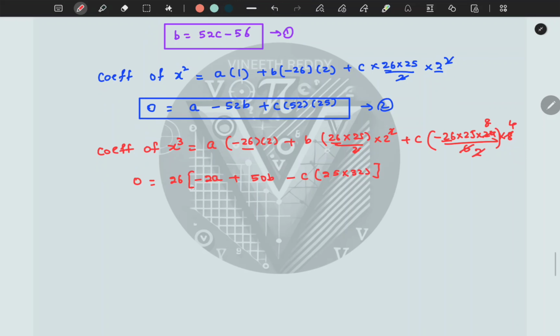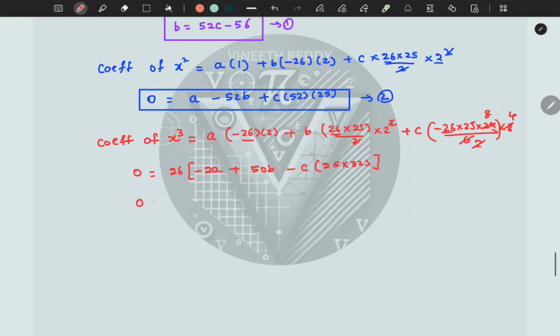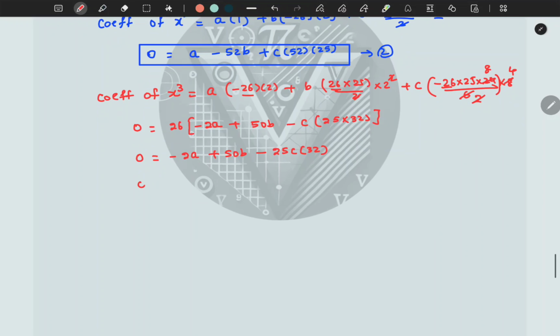I hope you understood this. I have taken 26 common. Now I get 0 is equal to minus 2a plus 50b minus 25c into 32. Acha, once again I can take 2 common, so I get 2 into minus a plus 25b minus 25c into 16. I hope you are following this. So we get 0 is equal to minus a plus 25b. Now 25 into 4 is 100, 100 into 4 is 400. So this should be minus 400c. I hope you have understood this.